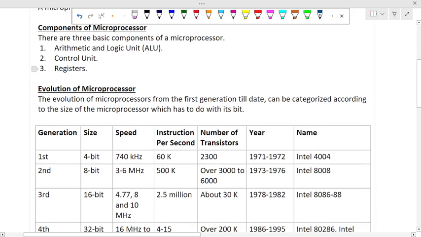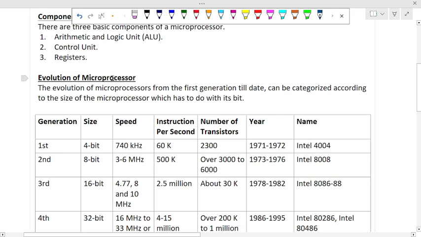Okay, now the next thing we'll talk about is the evolution of the microprocessor. When we say evolution of microprocessor, we mean how it has changed over the years. Now I could have just written this as first generation, second generation, but let's just put this in tabular form to make this easy.